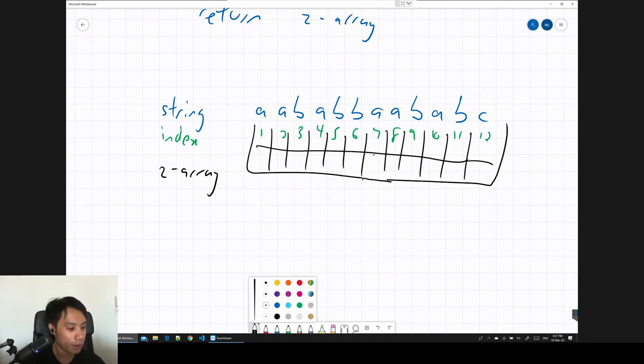Now let us try to fill up our numbers one by one. Our first number, Z1, will always be the same as the length of the entire string, because you're comparing a character with the same character, which is always a match. You're comparing the next character with the next character, which is a match.